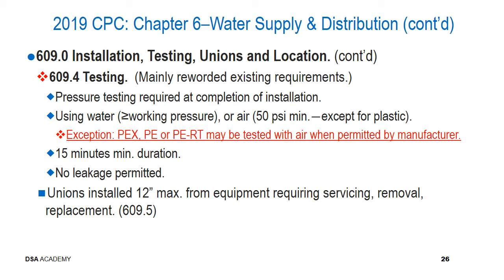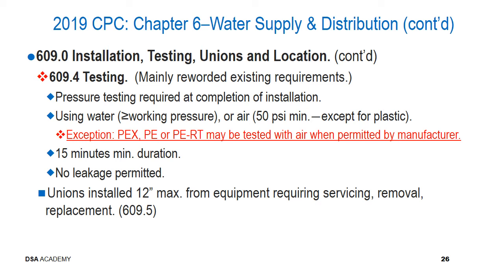Continuing with installation and testing protocols for water distribution systems, pressure testing is always required at the completion of all installations, and the testing protocols include basically using water that's at greater than or equal to working pressure.